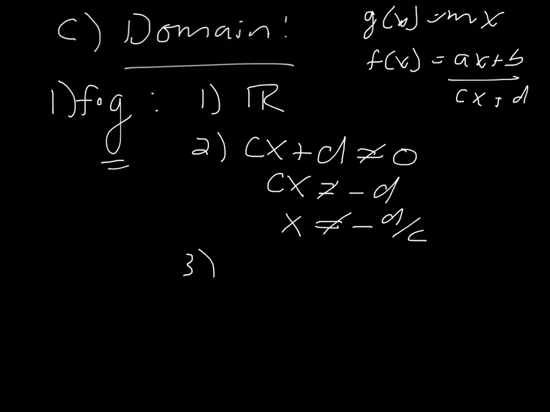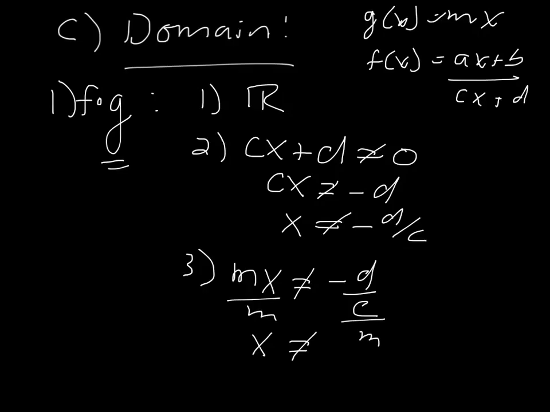So now the third step is to set the inner function equal to the domain of the outer function. So the inner function is mx. Set it equal to negative d over c. So x cannot equal, I divide m by both sides, x cannot equal negative d over cm.